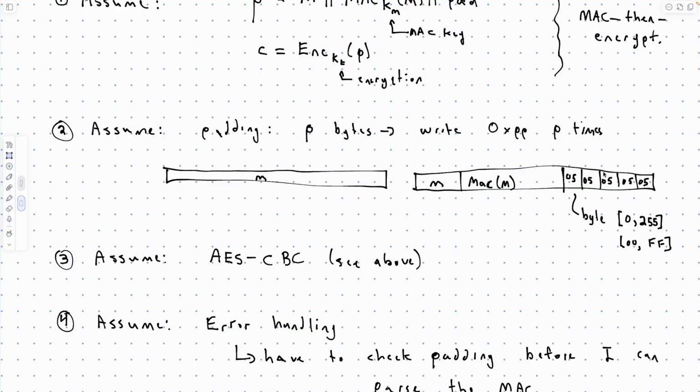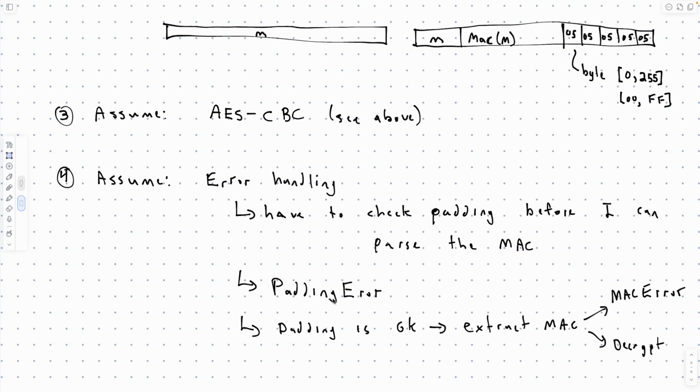So you'll go over and check all 5 of them. All 5 of them should be 5. If they're not, let's say you get 05, 04, 05, 05, 05, you know that something went wrong in the decryption. So right away you can throw an error. And the error that you would throw is a padding error.